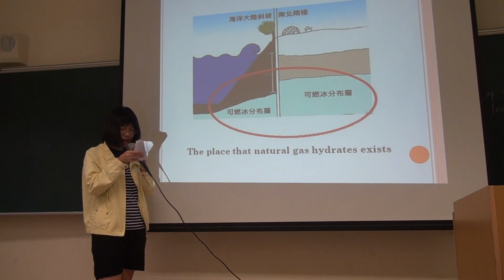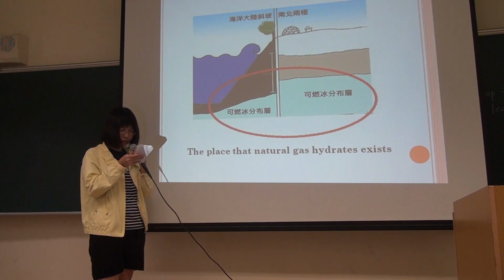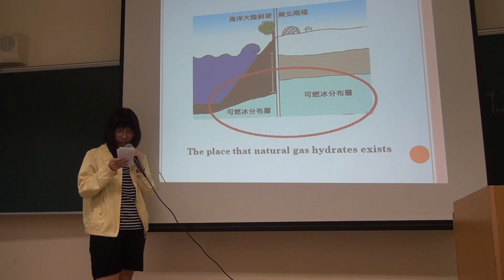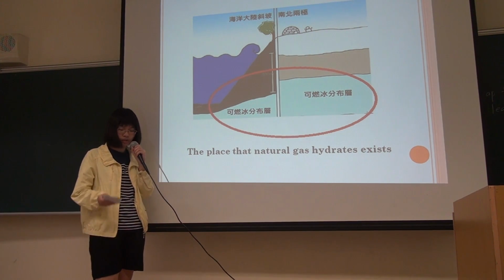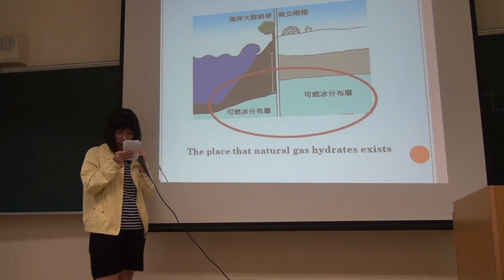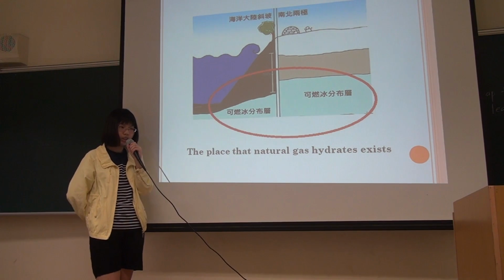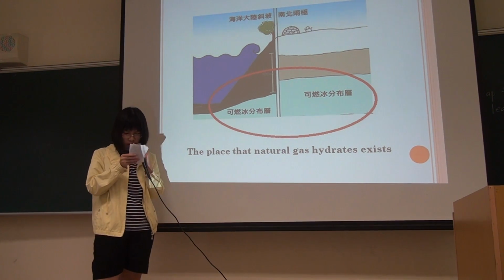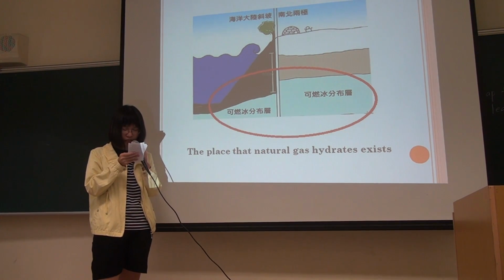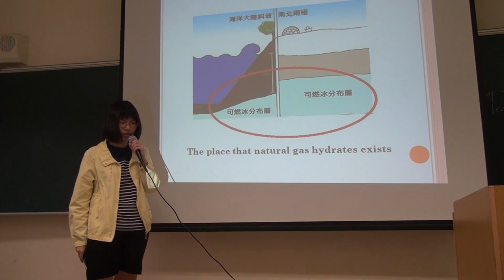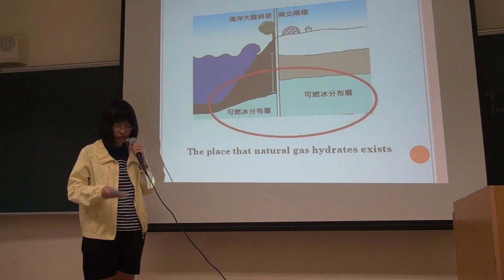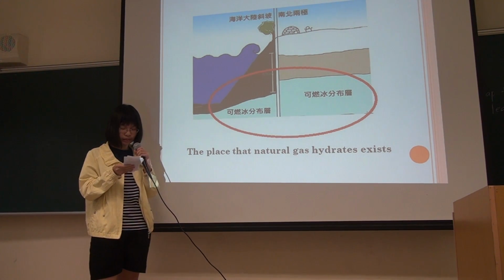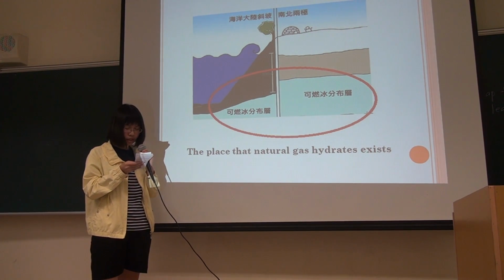And at the end, I want to add the fuel cell. I think most of you might have learned it in senior high school. It uses oxygen or some oxidants to have an oxidation-reduction reaction, turning chemical energy into electricity in the battery.